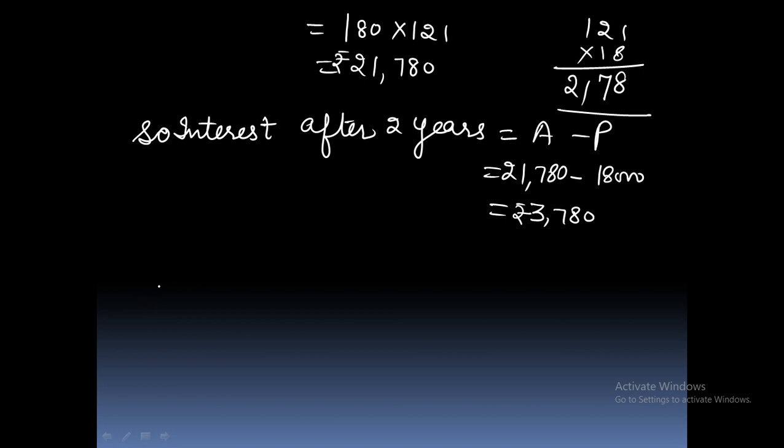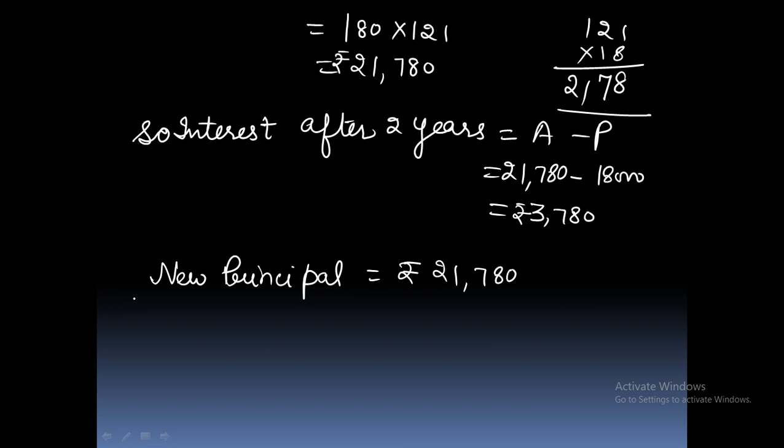Now, for calculating simple interest for the half year, we use a new principal amount, that is 21,780, because we get that amount till 2 years, and we have to calculate interest after 2 years.